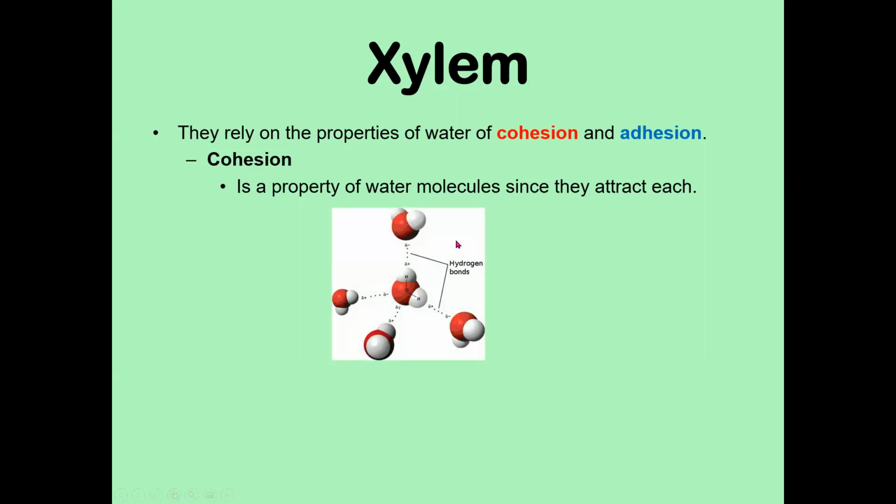If you look at a molecule of water, you have the oxygen and two hydrogens. Because oxygen has a high electronegativity, it attracts electrons more than hydrogen does. The electrons are closer to the oxygen, so the oxygen ends up with an overall negative charge.